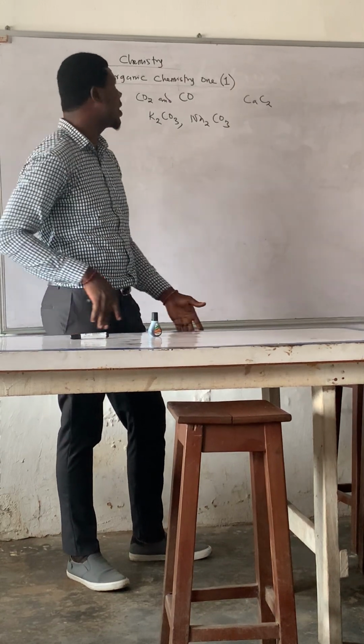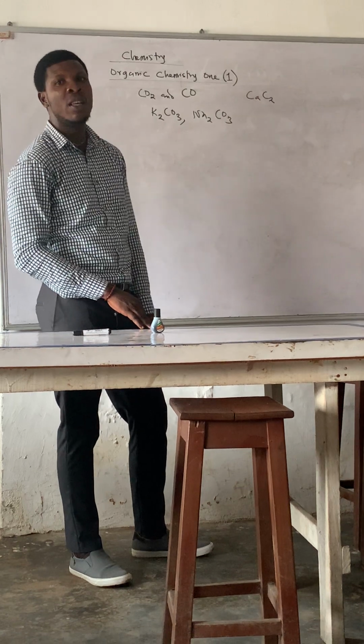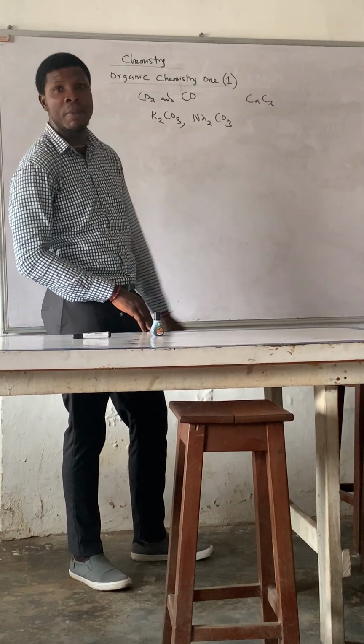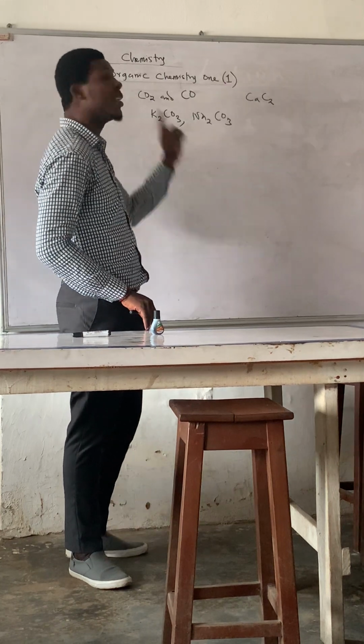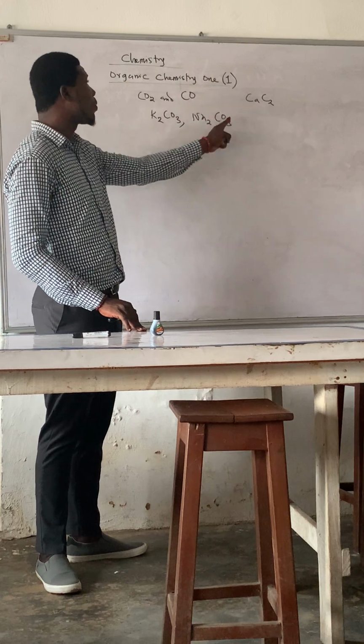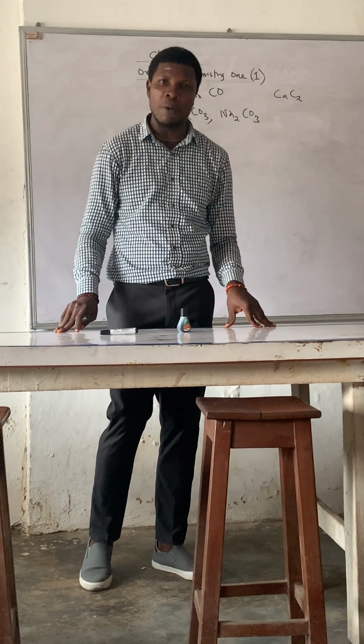So you can see that we cannot refer to these compounds as organic compounds, even though carbon actually combines with other elements. That doesn't mean they are referred to as organic compounds. All these compounds of carbon you see on the board are referred to as inorganic compounds of carbon.